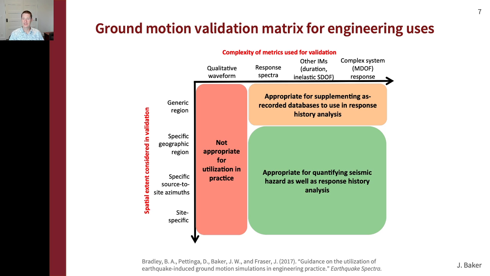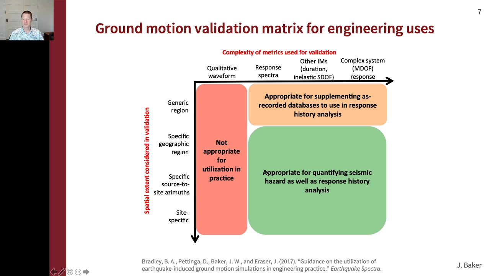If this validation is just done in a generic region, we think we're getting time series that are suitable for response history analysis, and the thinking there is that our ground motion recordings are effectively coming from a generic region because we're typically using recordings from one location and applying them in some other location. And so that would be similar to using simulations that have been validated in generic conditions.